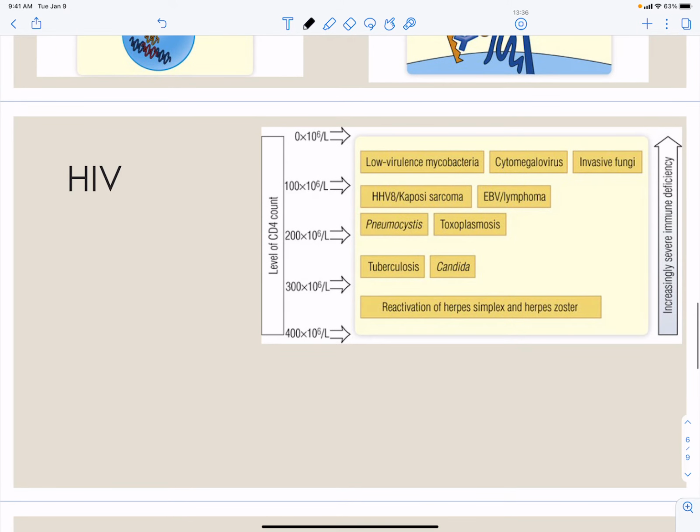Okay, so with respect to HIV, keep in mind that the virus can kill cells. And keep in mind it's going to be CD4 cells, macrophages, DCs, so this is going to lead to immune suppression.